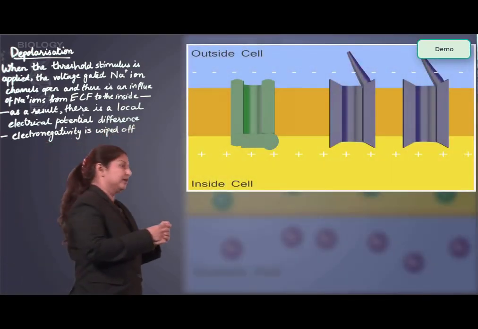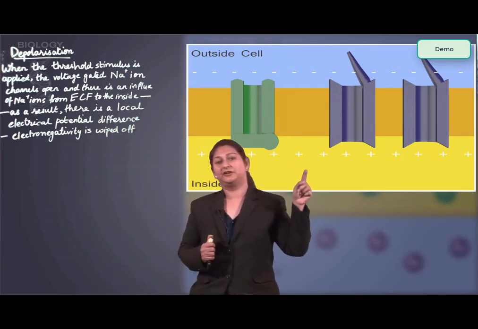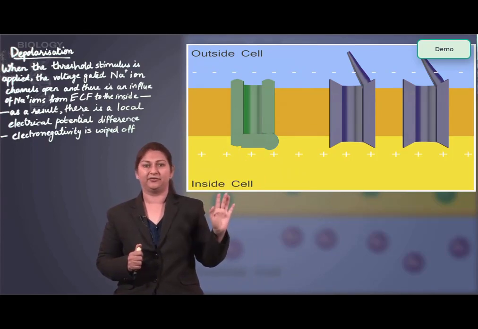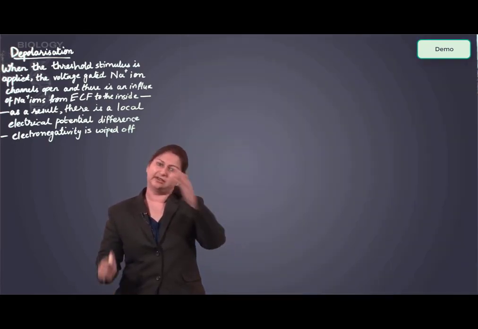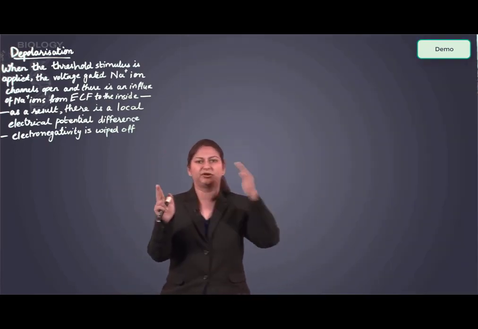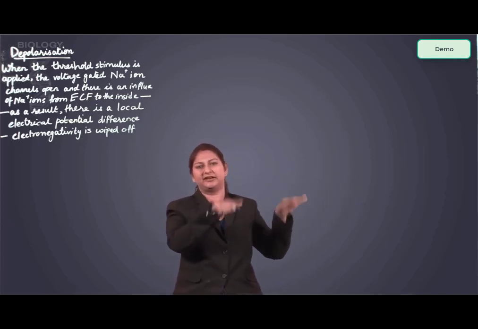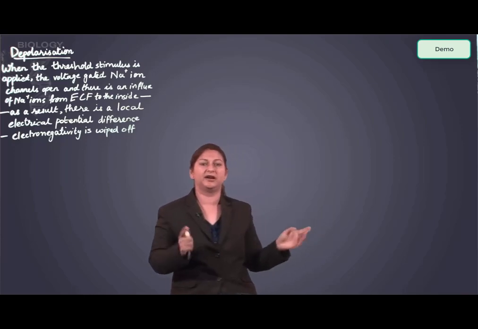Then the interior has turned positive, and outside it is now negative. Now the wave of action potential has passed through, and the changes have happened. Inside it has become positive, outside it has become negative.